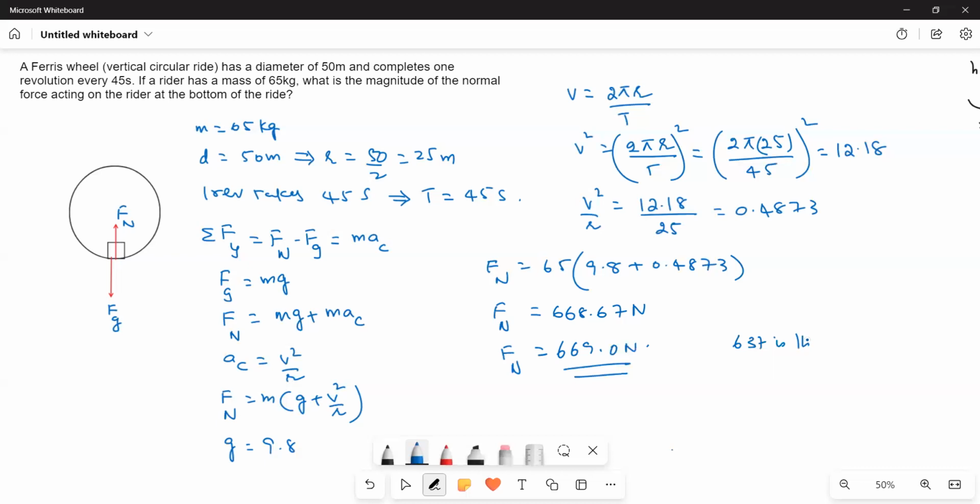And on the Ferris wheel at the lowest point, it will be more. Normal weight is 637, and our answer is more than the normal weight. That means we are correct. The answer is correct. That's all.